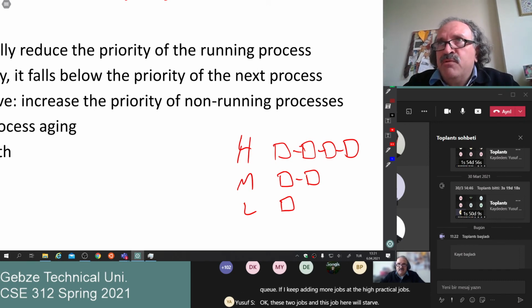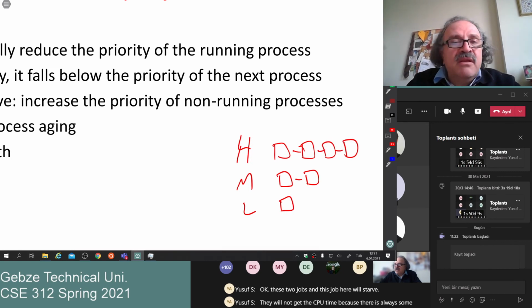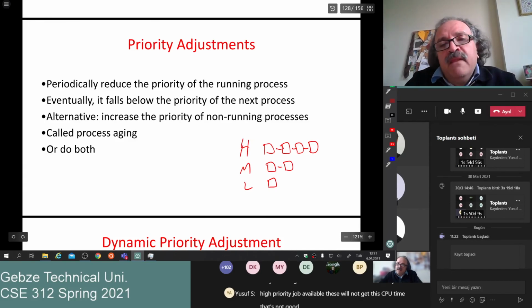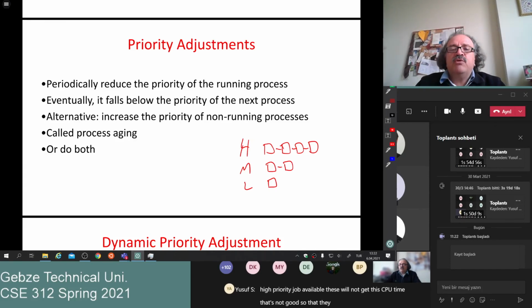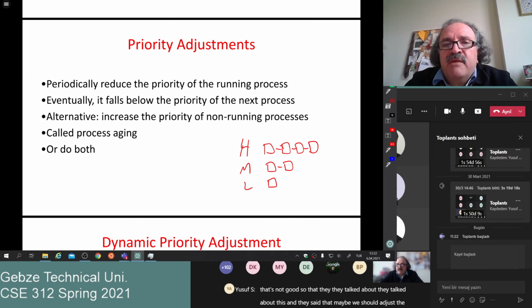They will not get CPU time because there is always some high priority job available. That's not good. So they thought about this, and they said that maybe we should adjust the priorities from time to time. That's called priority adjustment.